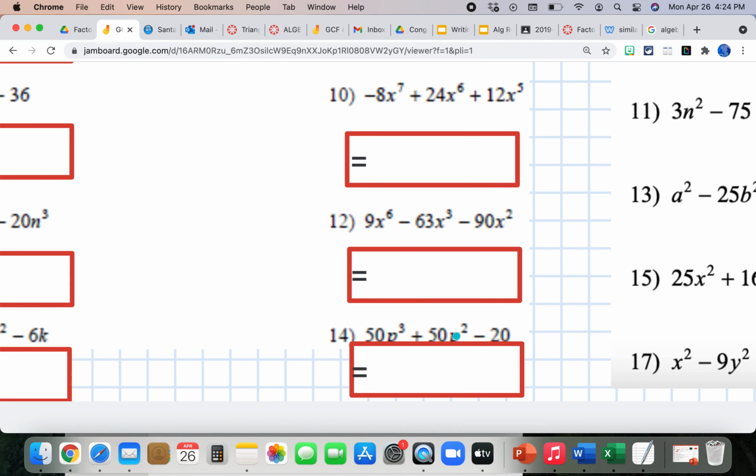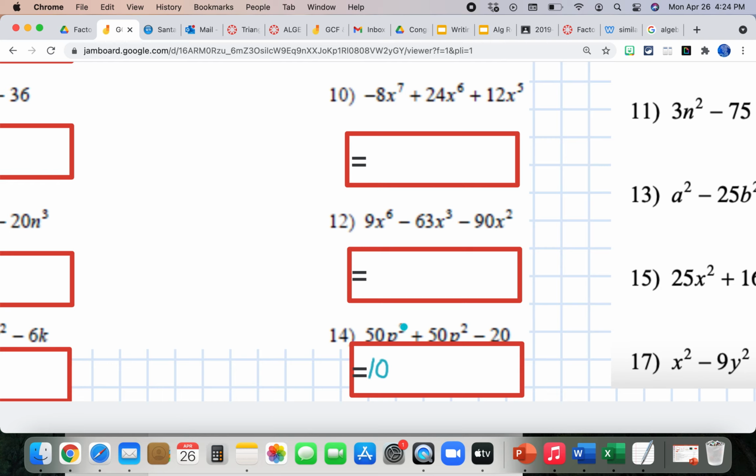So all of them, okay, this one negative, this one positive, positive. So we cannot get our negative here. But all of them have, hey, maybe 10, because I have 50, 50, 20. I can probably take 10 out of all of these numbers. Okay, so then what that means is I'm going to divide 10 into 50, 10 into 50, 10 into the negative 20. And then P, this is the letter P, but it's being blocked by the red box down here.